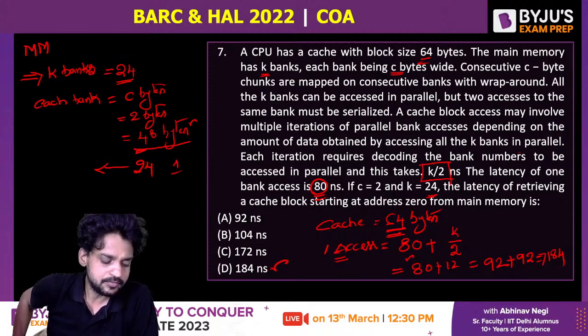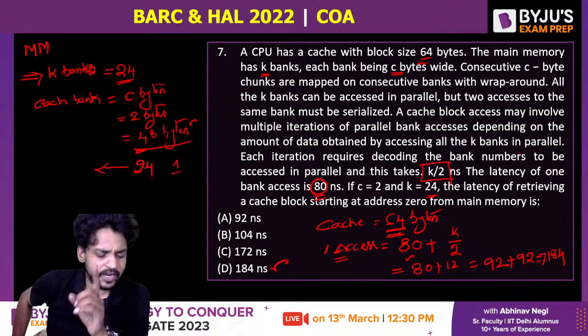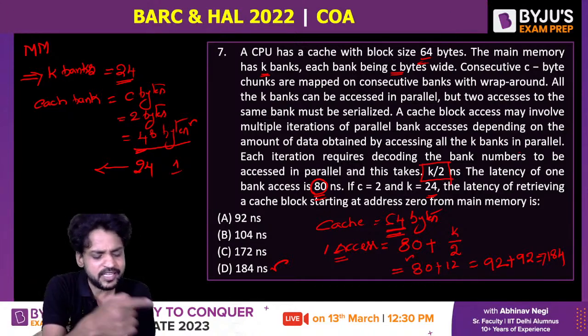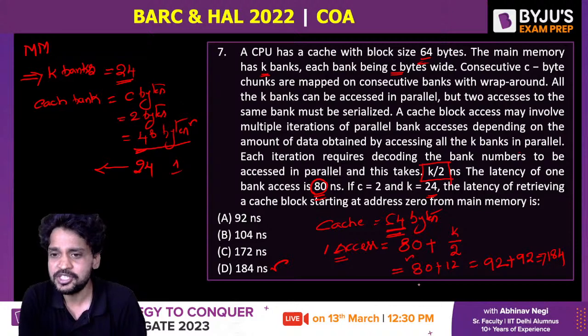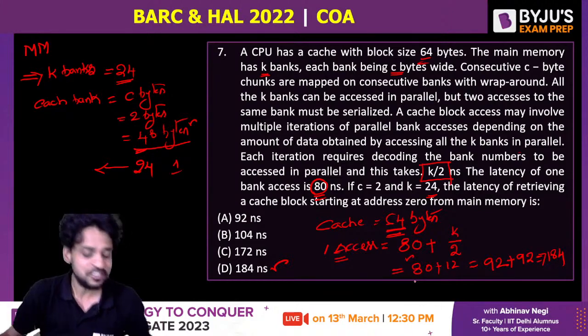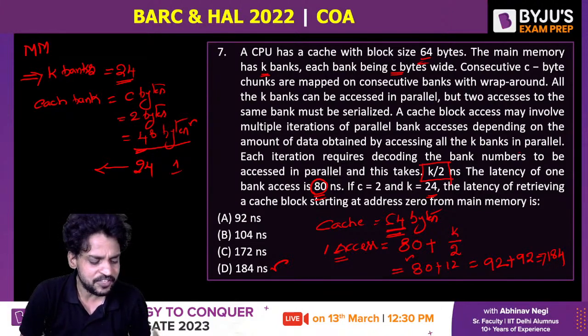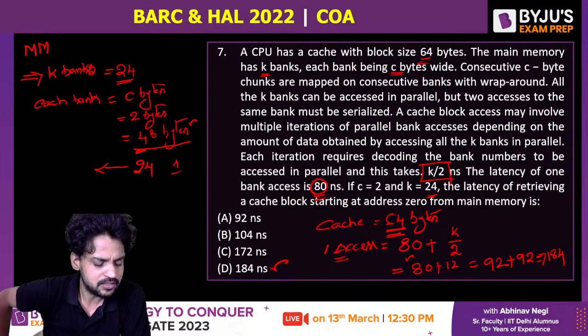48 bytes, right? In one access, you will be able to send only 48 words. One access will transfer just 48 words, but not 64. Is 48 words sufficient to fill one cache memory block? Got it?